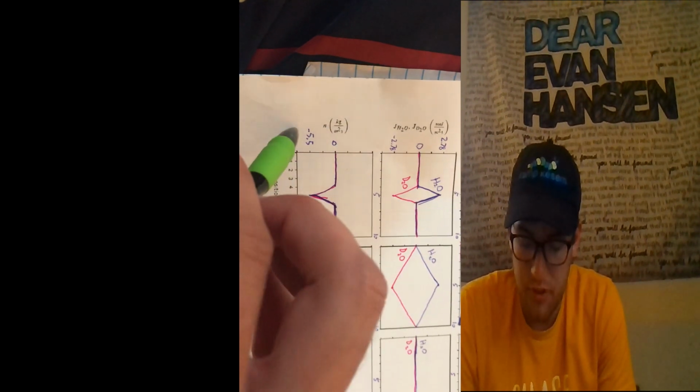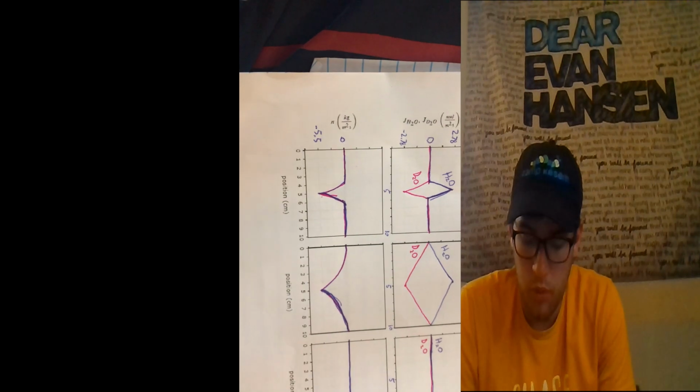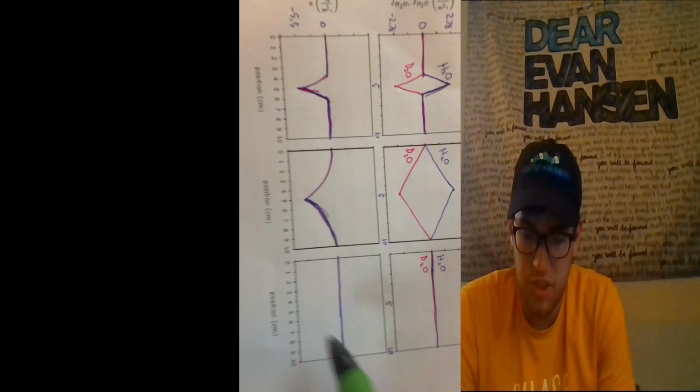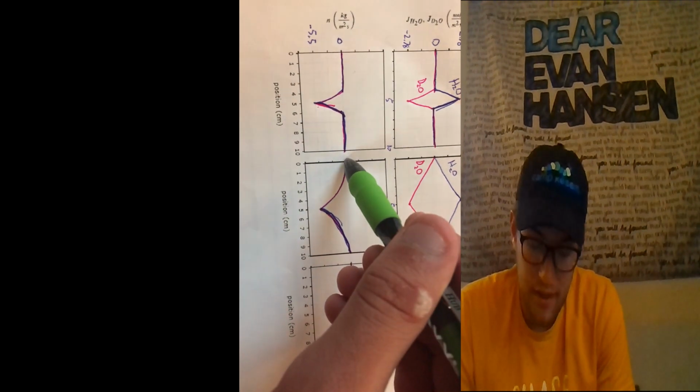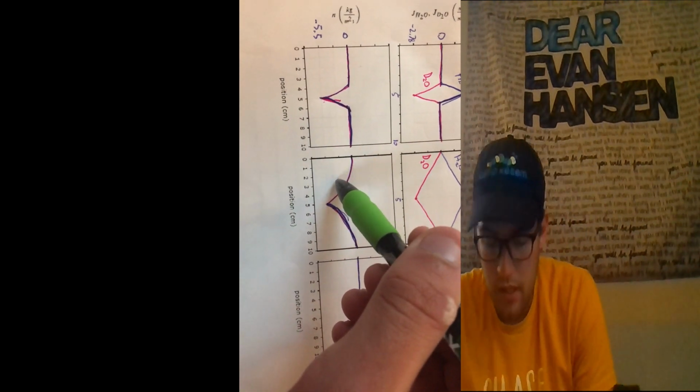In the middle where it diffuses, the mass flux goes to what we figured out it was initially, as we found out in problem 1, which is negative 5.5 kilograms per meter squared second.